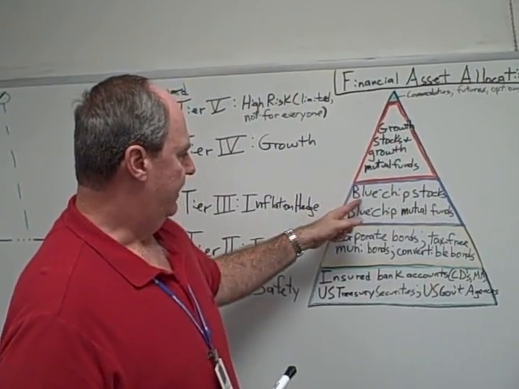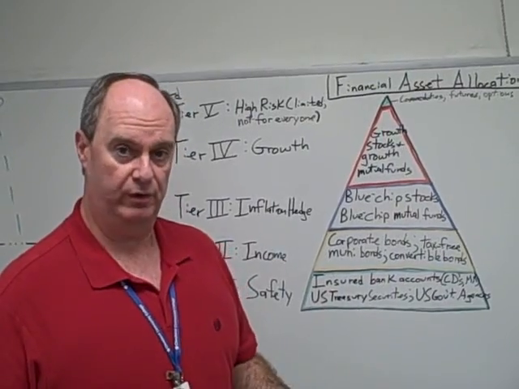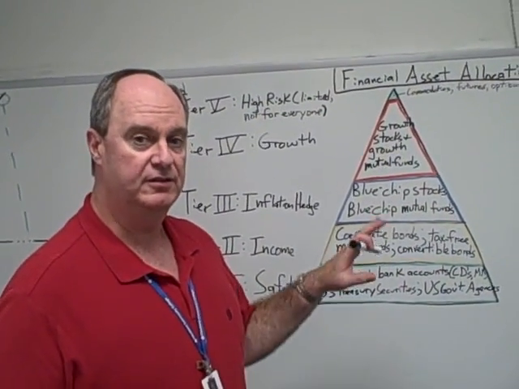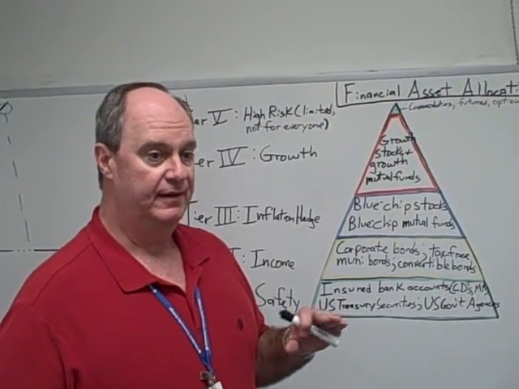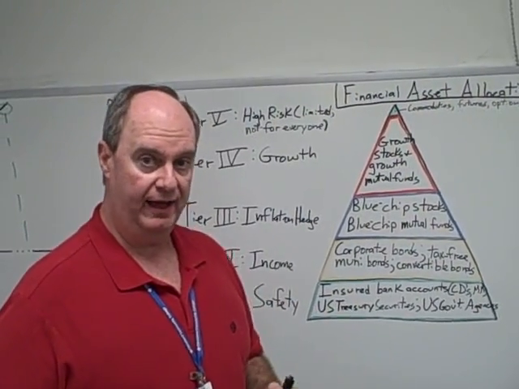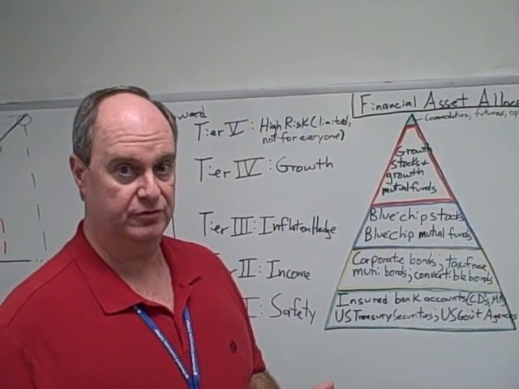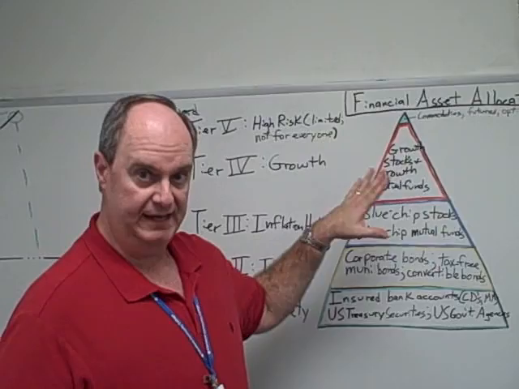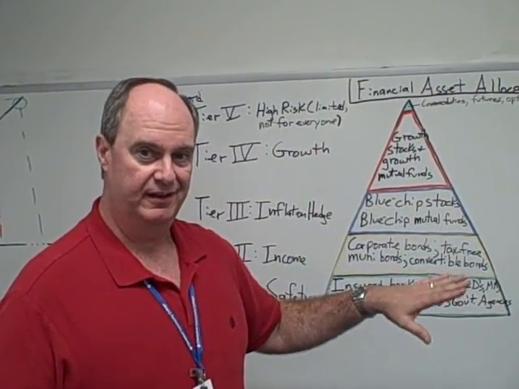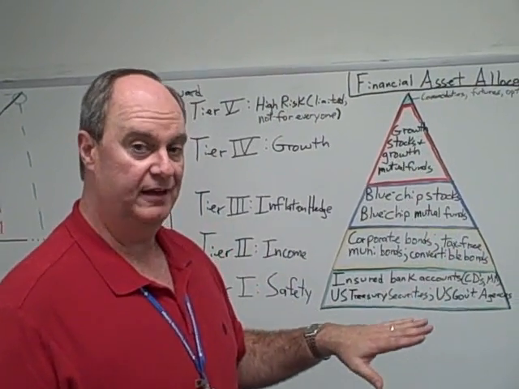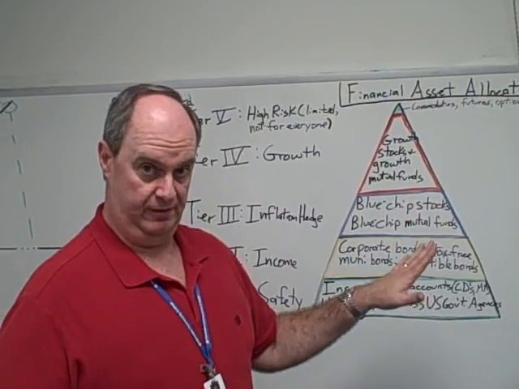These include things like blue chip stocks. Now, what's a blue chip stock? Also known as a widows and orphans stock. These are large, well-capitalized companies that even in a severe economic recession or downturn, these companies are going to survive. The stock price may dip like many of the stock prices did in late 2008, early 2009, but not a single blue chip company failed.